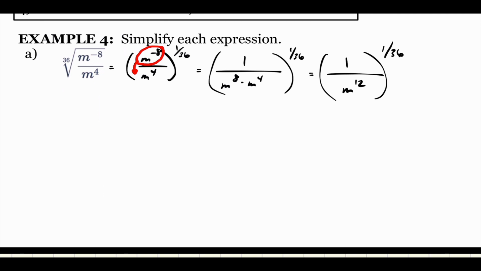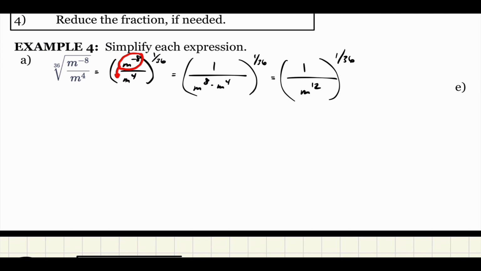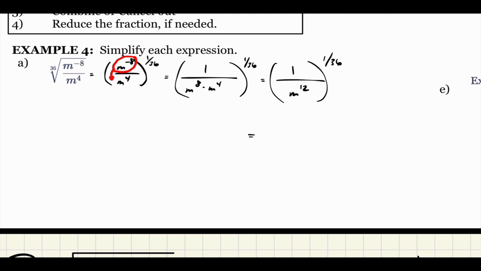Last step, let's finally get rid of the parentheses. To get rid of the parentheses, I have a fraction, so I'm going to have to use rule 7. Give the top a power, give the bottom a power. So the top is going to have a 1/36 power.